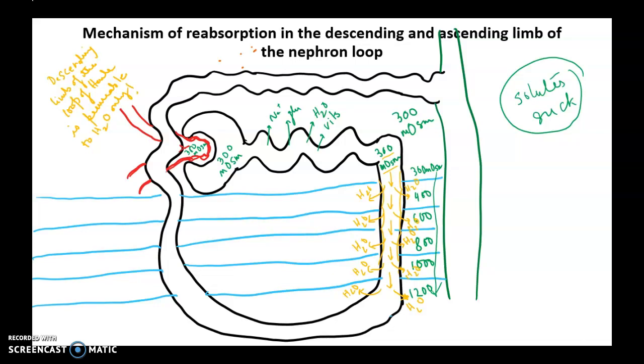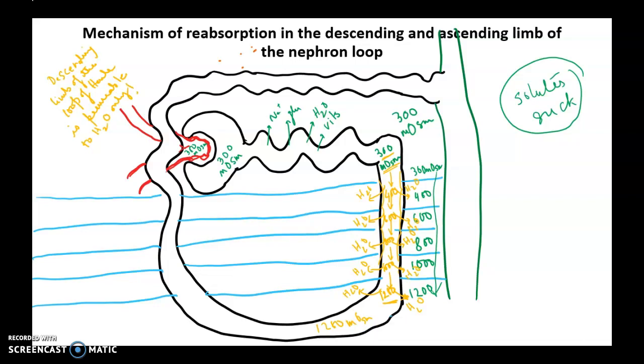The concentration of the filtrate gets higher and higher. We started with 300 here, right? So the concentration becomes 400, 600, 800, 1000, and 1200. So you see how the filtrate is becoming more and more concentrated. Very good. So here it's about 1200 milliosmoles.